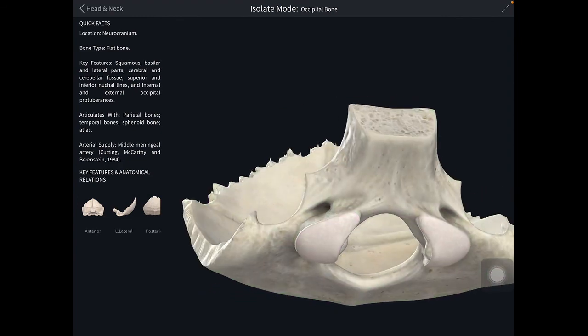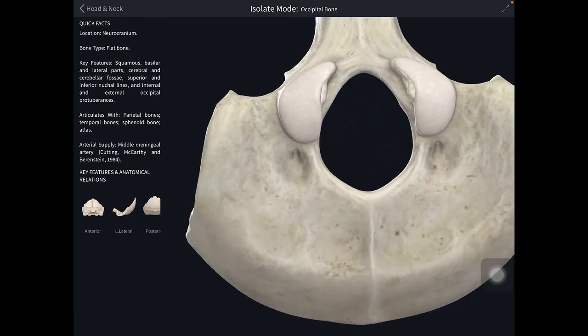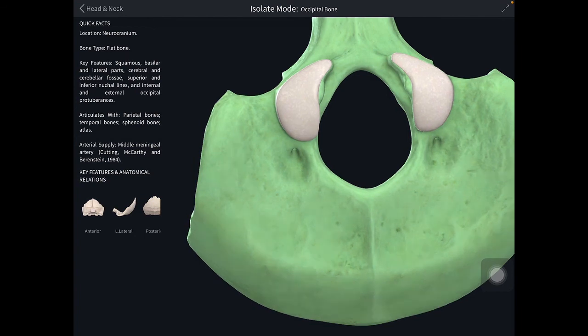Just behind the condyle you can see the condylar fossa for accommodation of the upturned posterior margin of the superior articular facet of the atlas during full extension of the head at the atlanto-occipital joint. So you are seeing the condylar fossa.